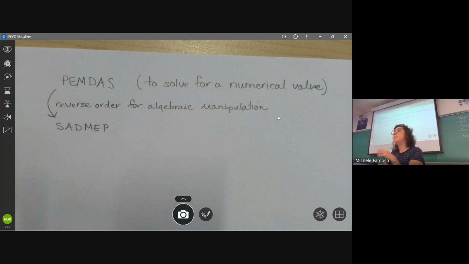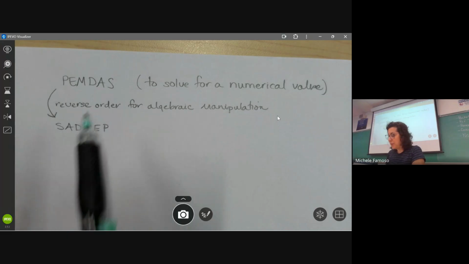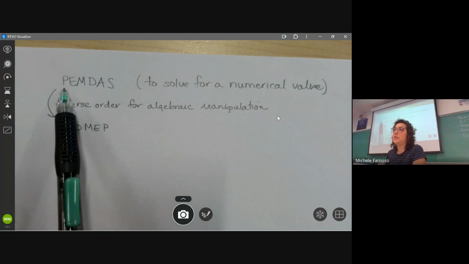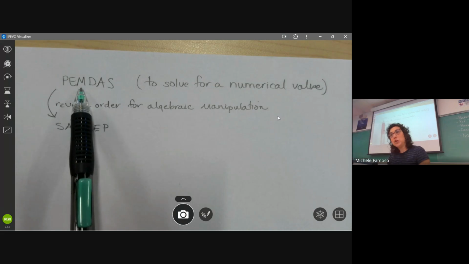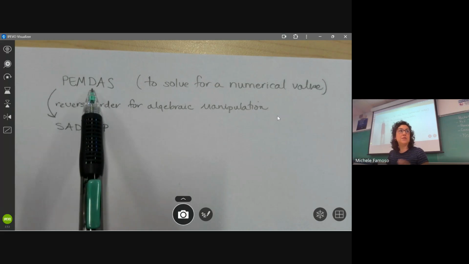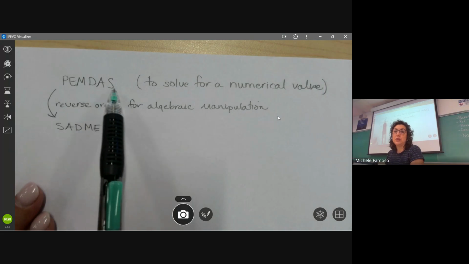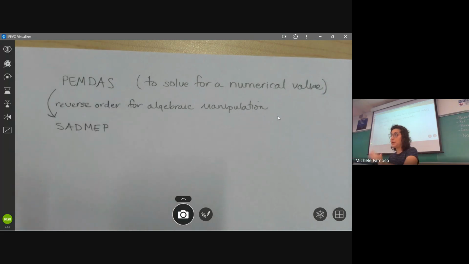If we have the numbers and we're just trying to go to the calculator to do it, we have to remember that we're going to do everything inside the parentheses first. Then if there are any exponents, we take care of that. Then if there's any multiplication, we do that. Then if there's any division between the numbers, we do that. We go from left to right in the equation. Then if there's any addition or subtraction, we tackle those, again, from left to right.